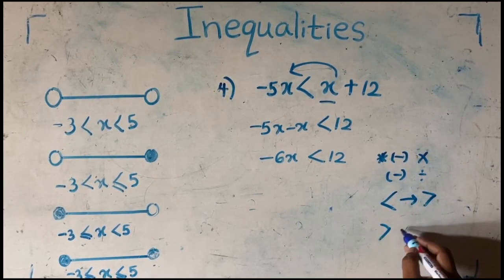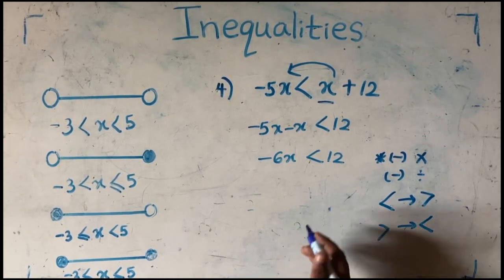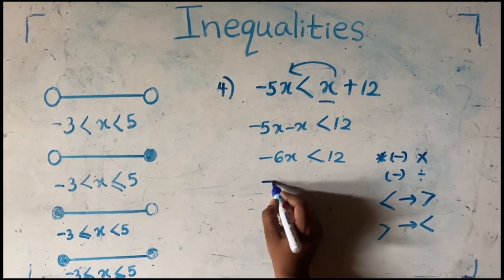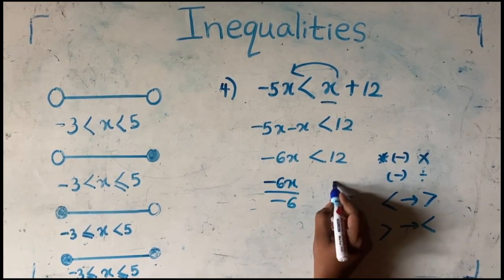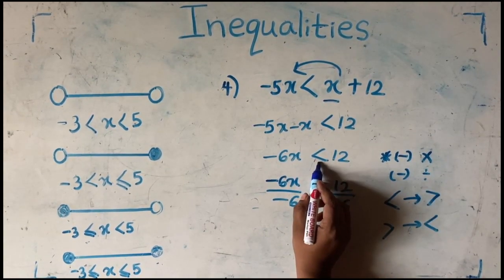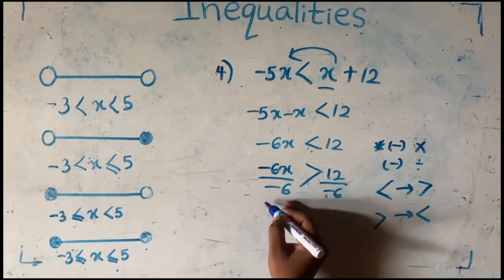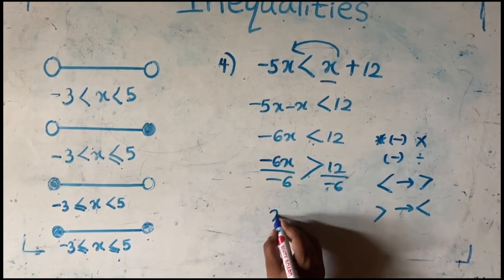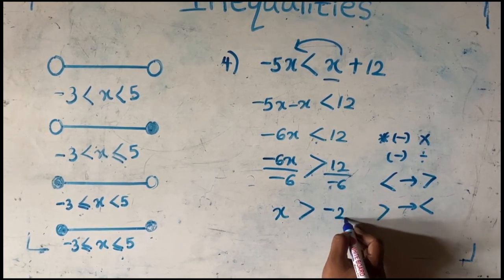If it is like this, it will change to like this way. So here we have to divide by negative 6 on both sides. Then this inequality sign changes to this way. Negative 6 is cut off. Then x is greater than negative 2.